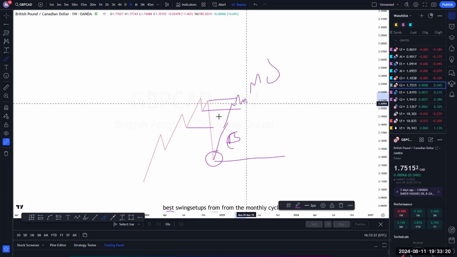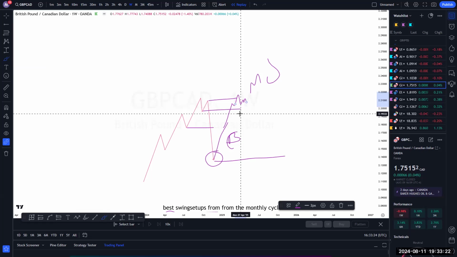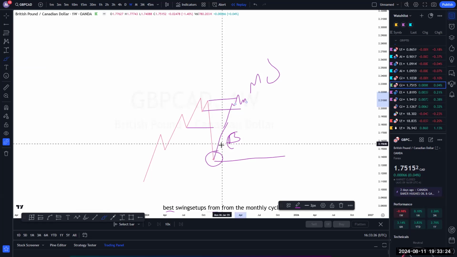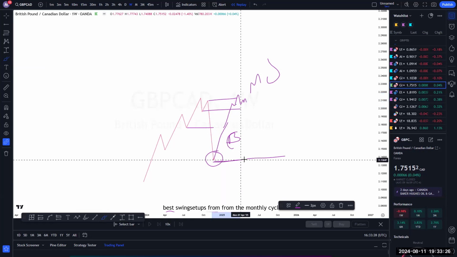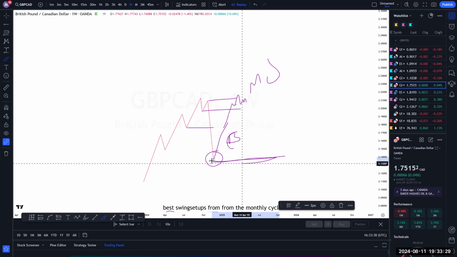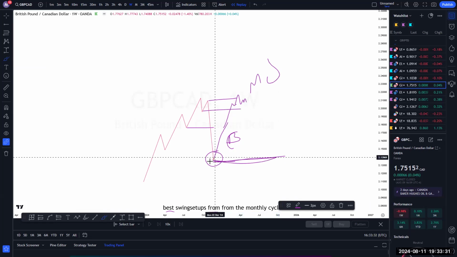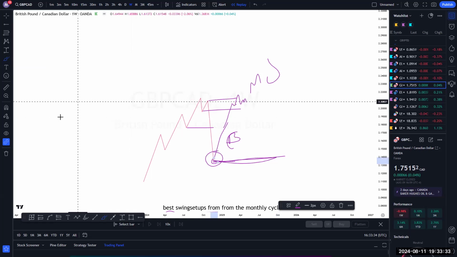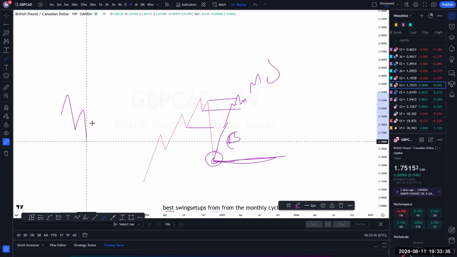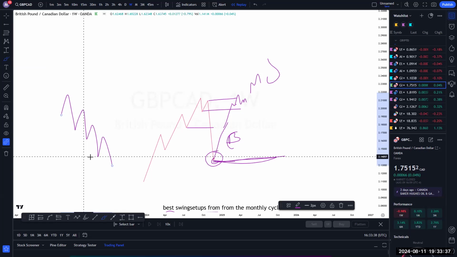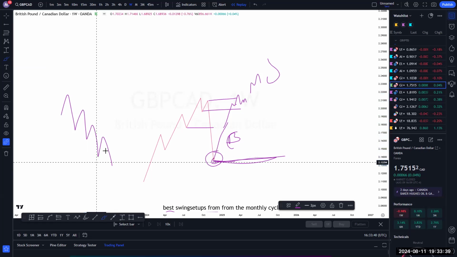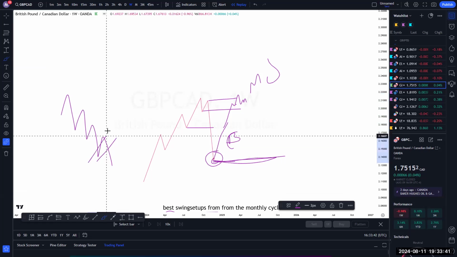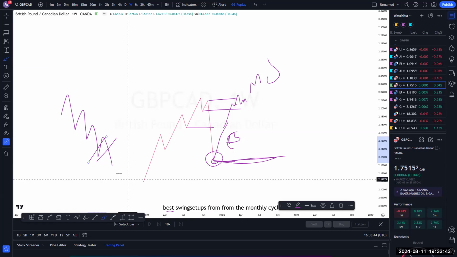When price comes to the monthly area of liquidity, price must form new lows in the monthly time frame. This was a monthly low. Remember, price moves in a sequence of lower highs and lower lows. Here price is moving up to form a series of lower highs before it forms another low.